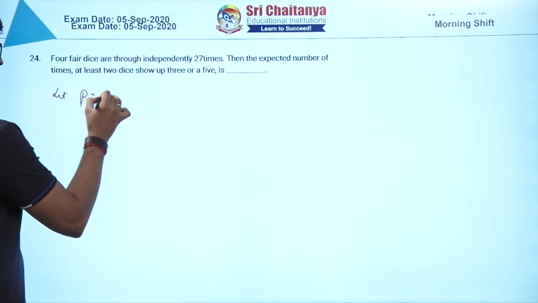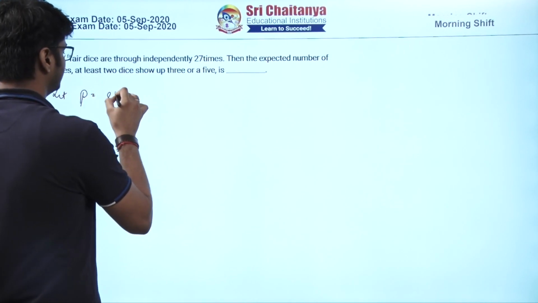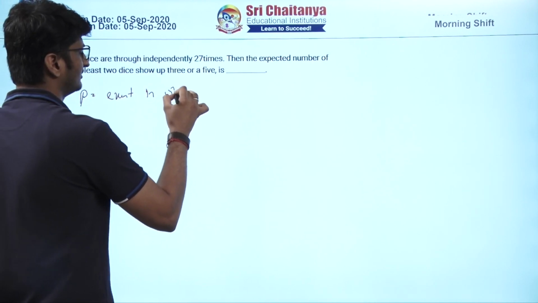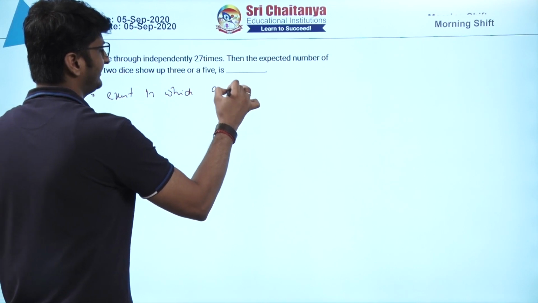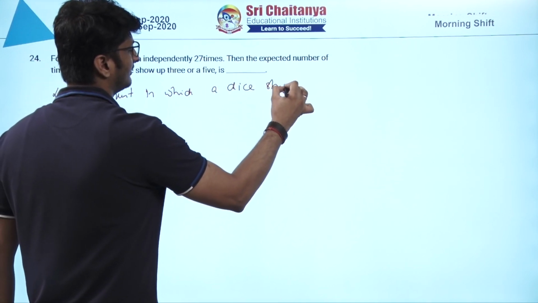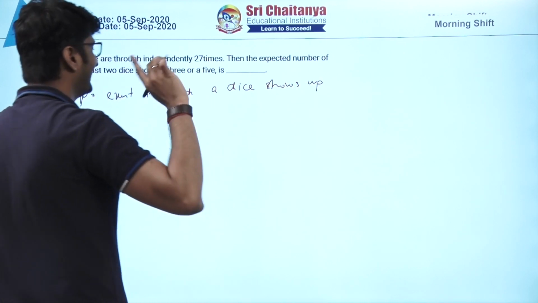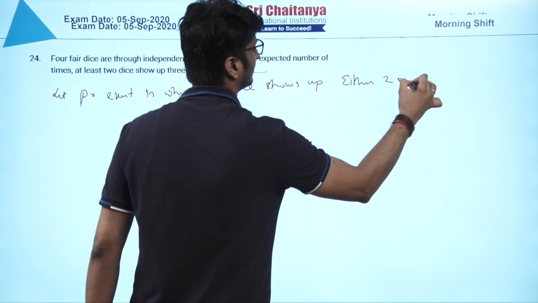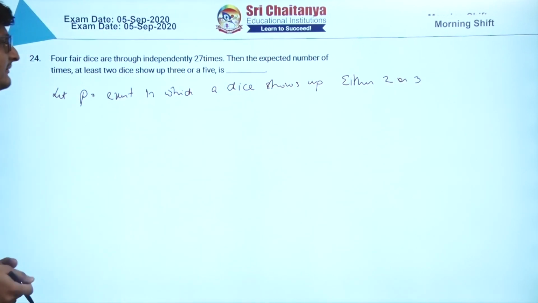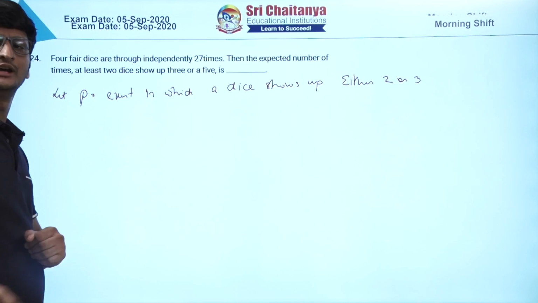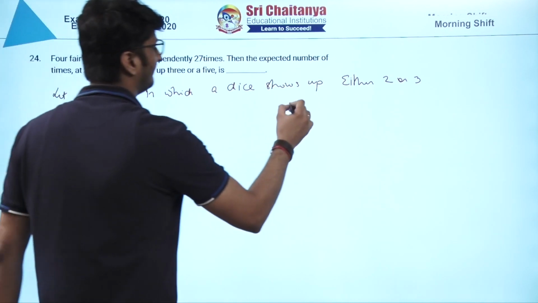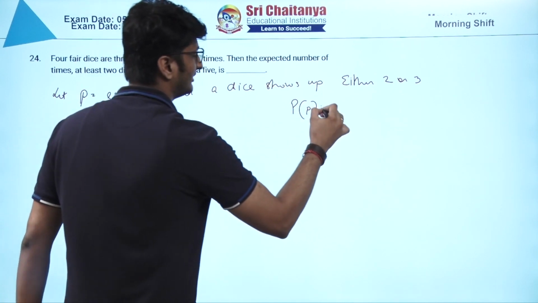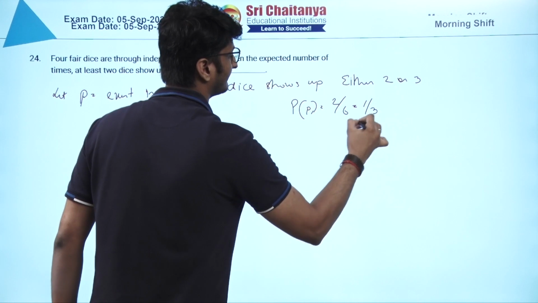Let P be the event in which a dice shows up either 3 or 5. So, can you tell me how many numbers are there in the sample space in throwing a dice? 6. So, probability of the event p, here it is written in terms of small letter p, will be equal to 2 by 6, that is 1 by 3.